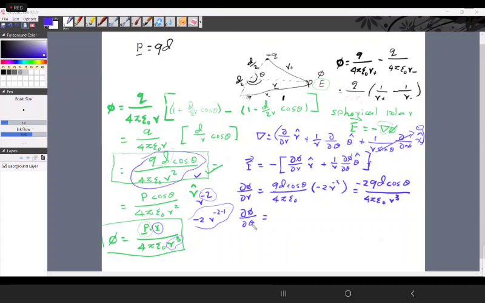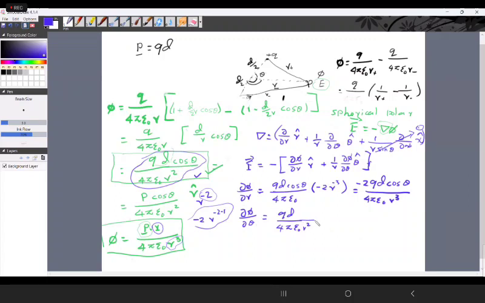So when we take the derivative with respect to theta, we have the other terms, right? Here we know that phi is equal to q d cos theta over 4 pi epsilon naught r squared. Now we are going to get the differentiation of cos theta.